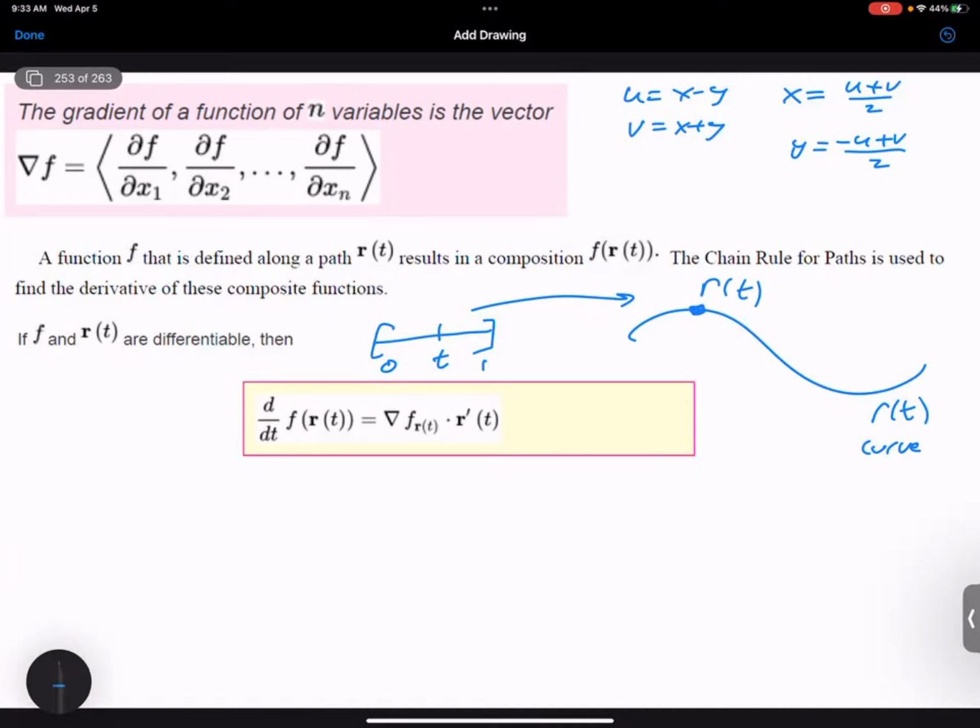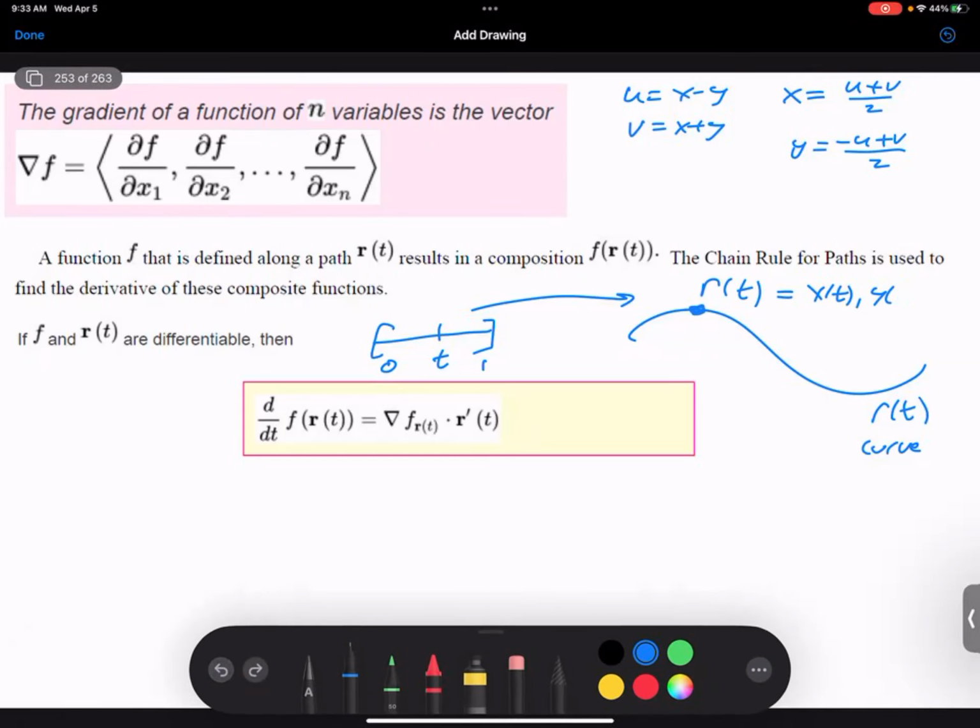And now I'm taking my function f. And so r of t, maybe I'm a function of two variables. Maybe this is x of t, y of t. Or maybe I'm 3 variables and I have z of t. I have a curve maybe in 3 space. Or maybe I have a curve in n-dimensional space. It's x1 of t, x2 of t.